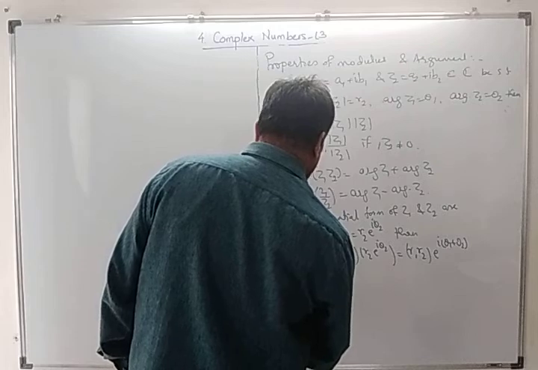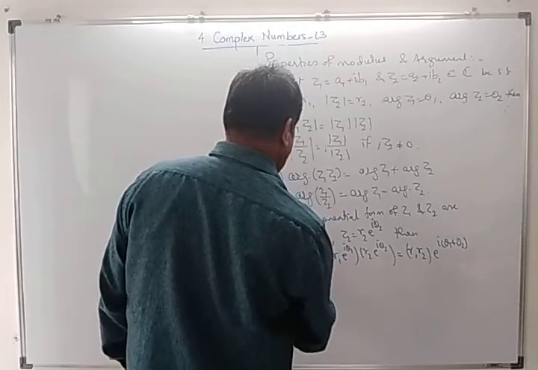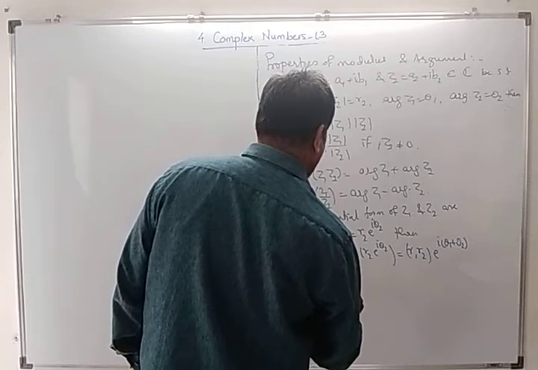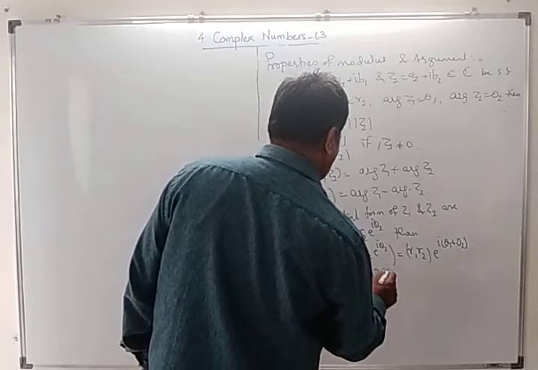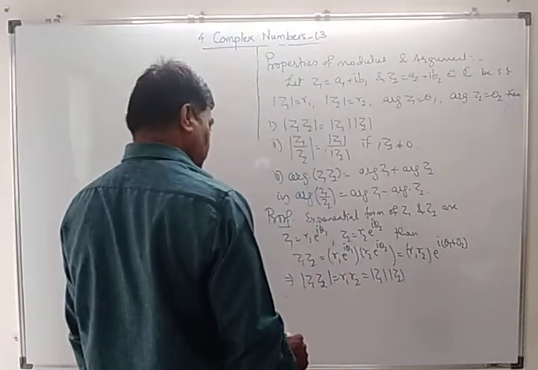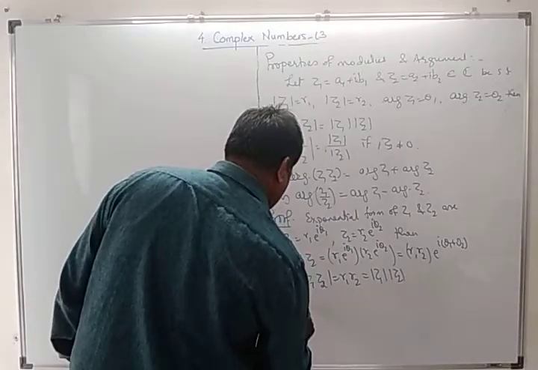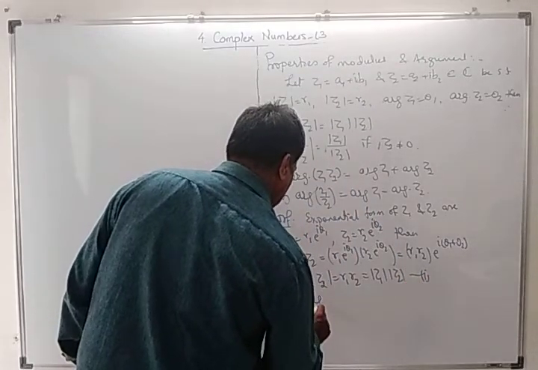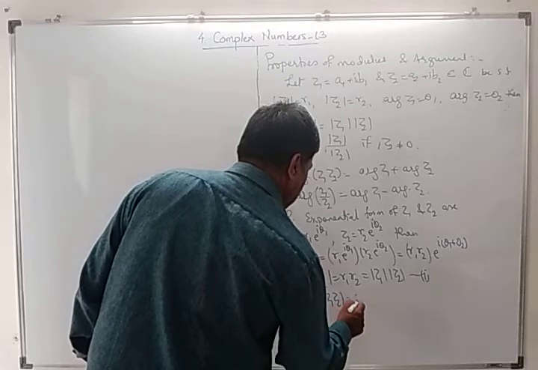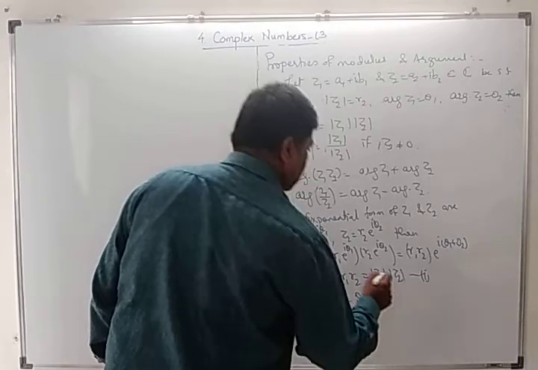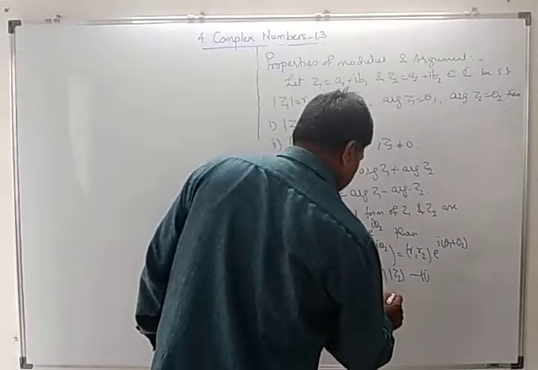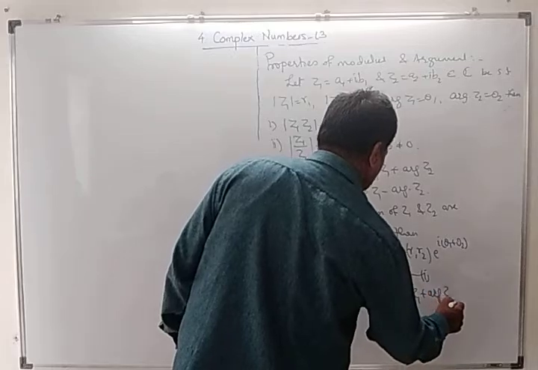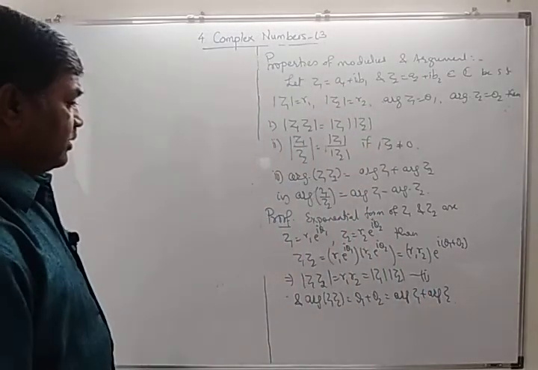This implies mod of z1 z2 is equal to r1 r2 is equal to mod z1 into mod z2, and argument of z1 z2 is equal to theta 1 plus theta 2, which is nothing but argument of z1 plus argument z2, right? This is second.